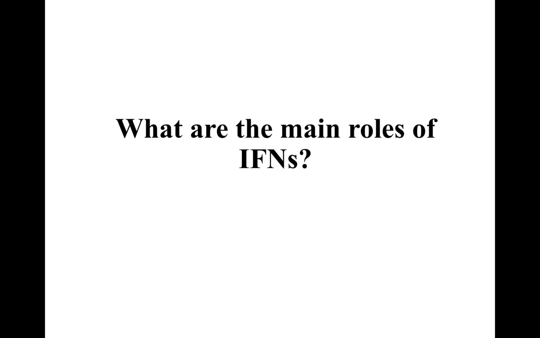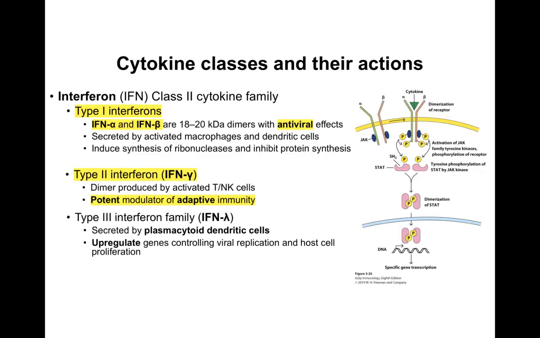What are the main roles of interferons? We're going to focus on type 1 and type 2 interferons. The type 1 interferons are alpha and beta, and they have important antiviral effects. They can tell a nearby cell that there are viruses in the area and to protect themselves from allowing viruses to replicate in them.